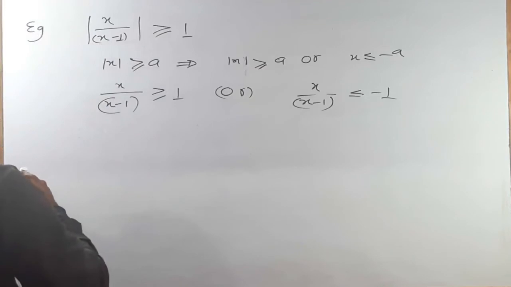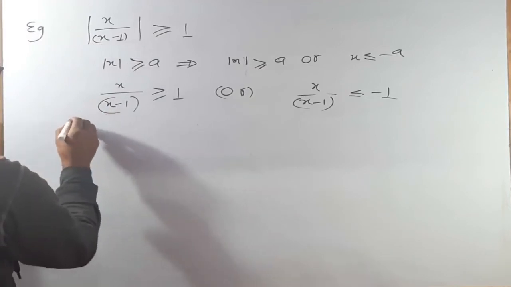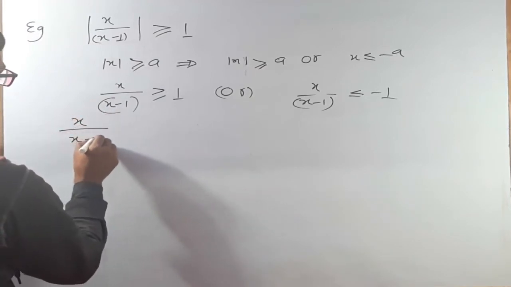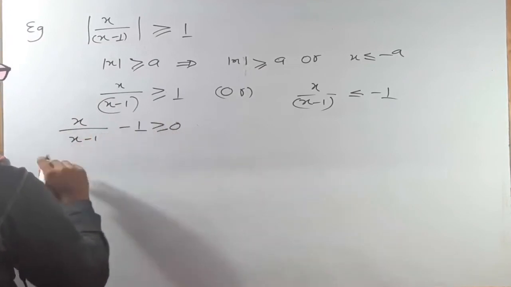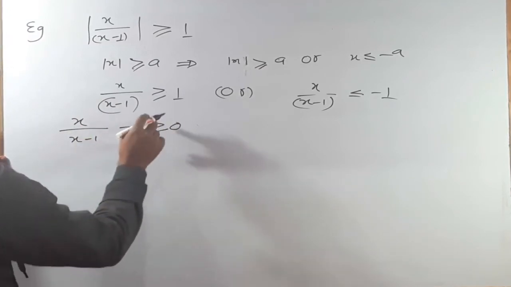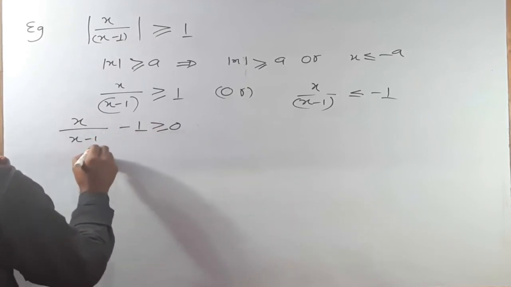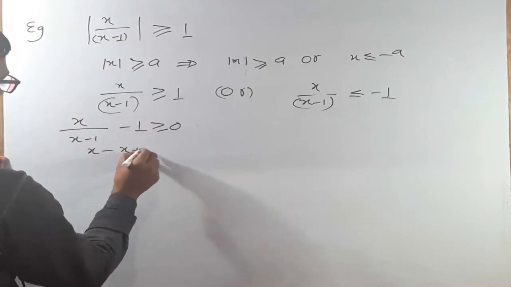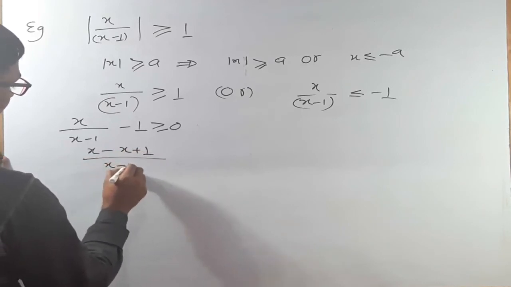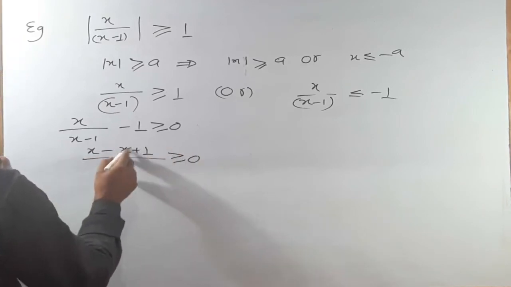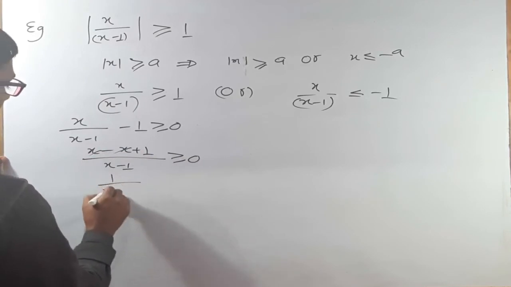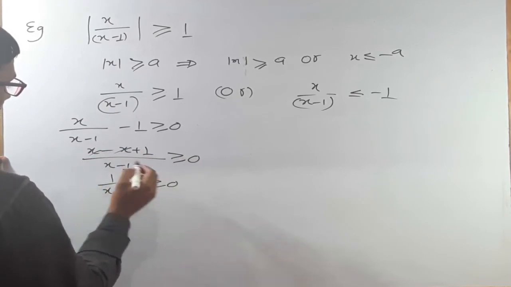Now what we'll do, we will solve this. x upon x minus 1 minus 1 should be greater than or equal to 0. In the numerator, we have x minus x plus 1, upon x minus 1, greater than or equal to 0. So this is going to be 1 upon x minus 1 greater than or equal to 0.